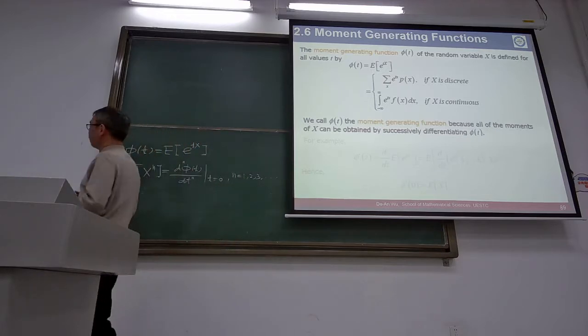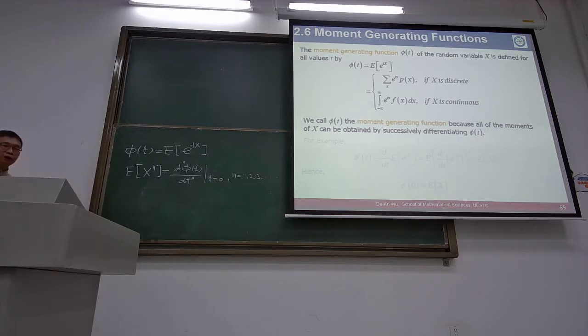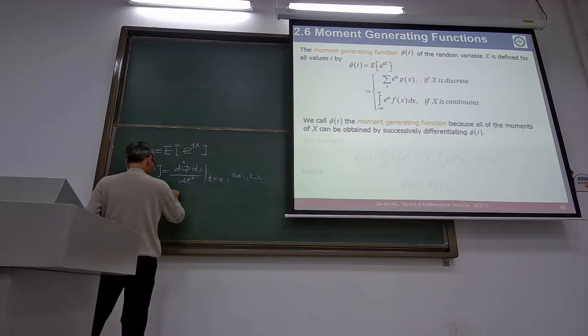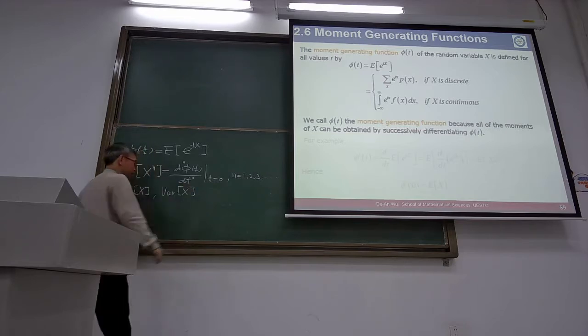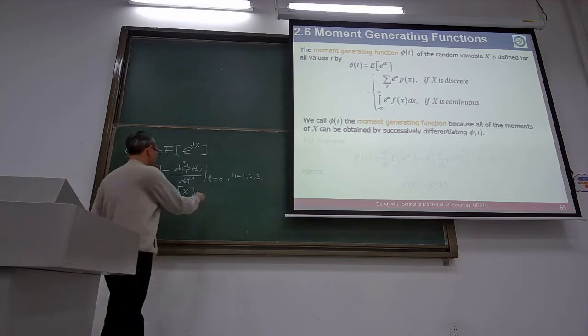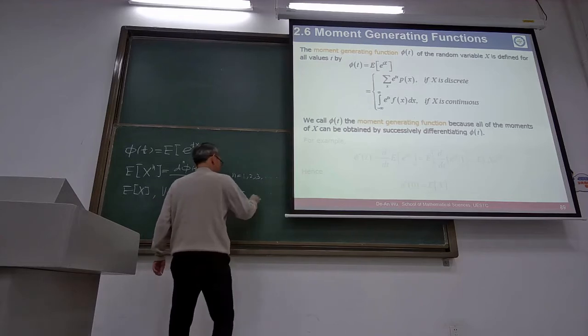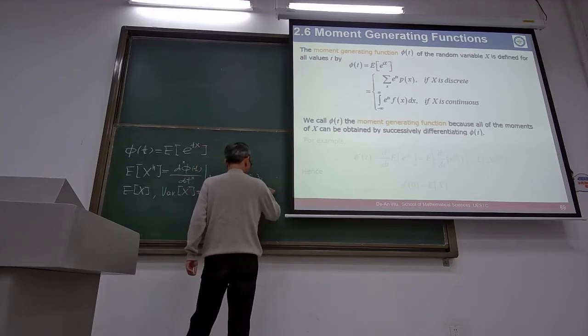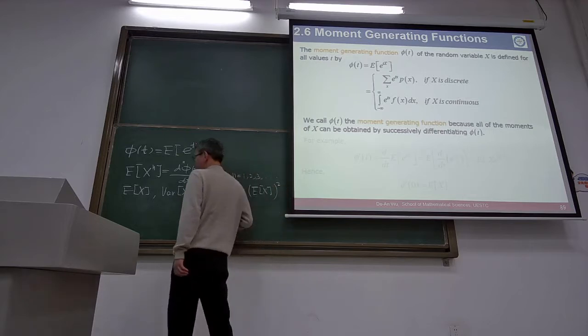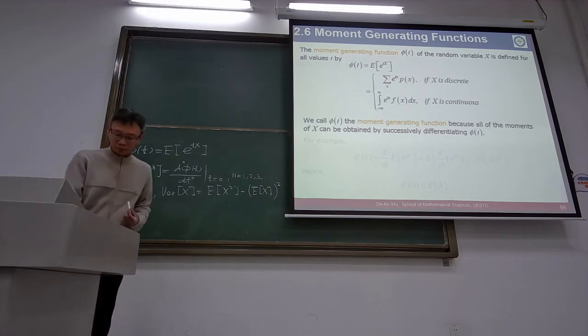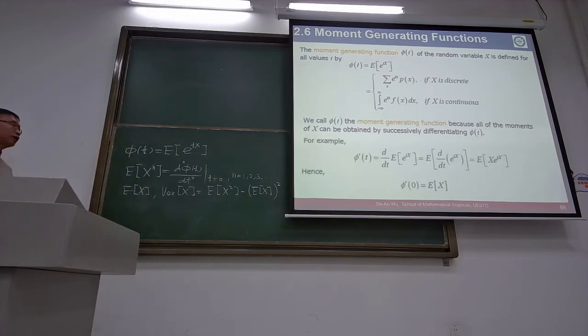In the previous lecture, we spent a lot of time to find, for example, the expectation of X and the variance of X. The variance of X is just given by the expectation of X square minus the square of the expectation. Actually, if we know the nth moment, it is very easy to calculate this. This is the reason why such a function is known as the moment generating function.